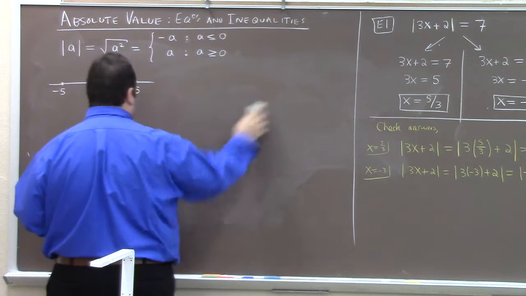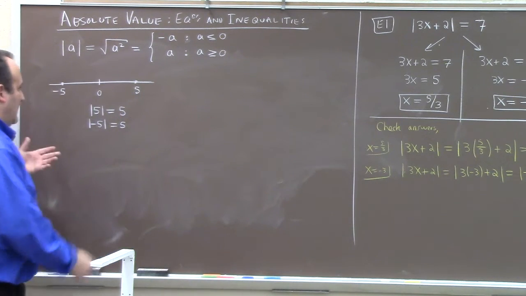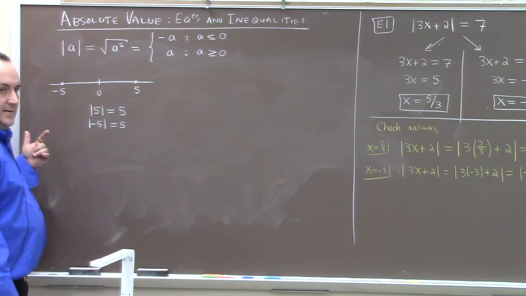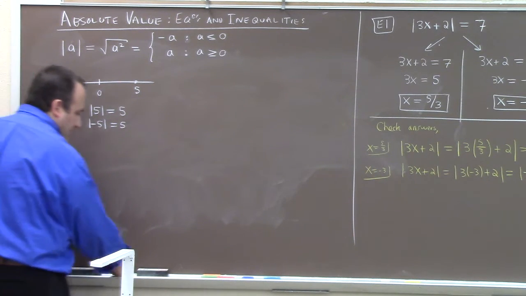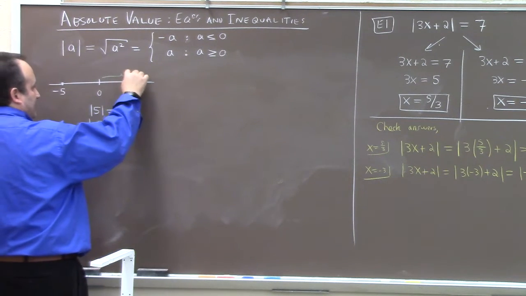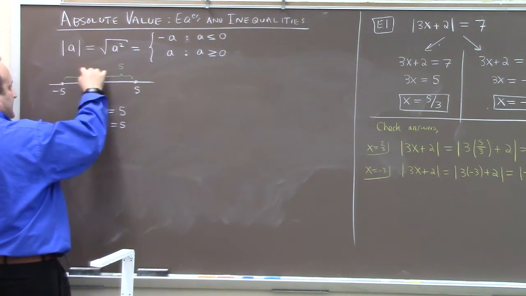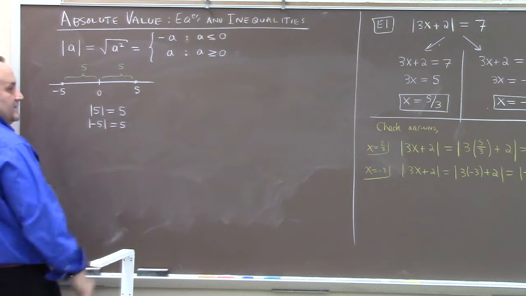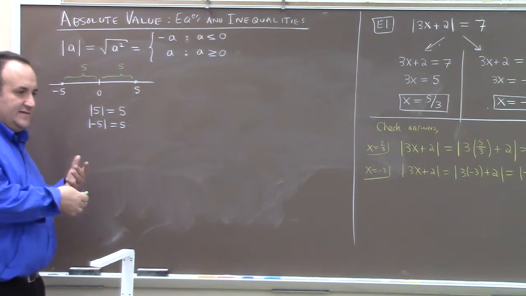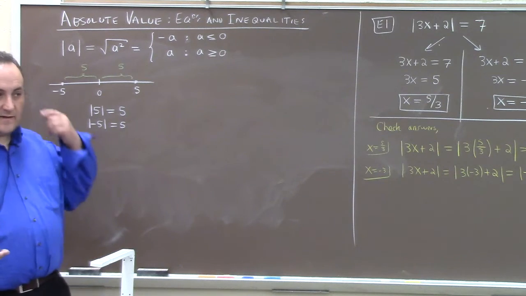What is absolute value, really? It tells you the distance, right? This distance is 5. This distance is also 5. So the absolute value of a quantity is the distance of that quantity from the origin on the number line.